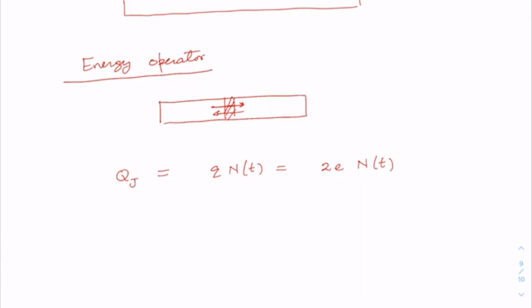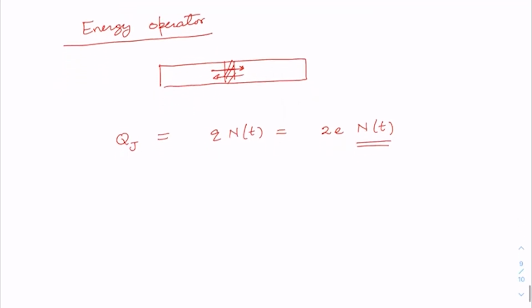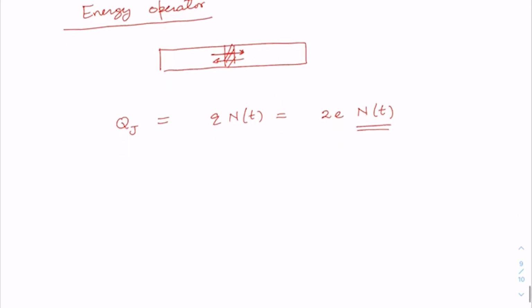We can consider this n as an operator whose eigenstates correspond to the macroscopic state of a circuit with a well-defined number of Cooper pairs, such that we can define it in this form, the ket n, where n is the eigenvalue, summed over all these.